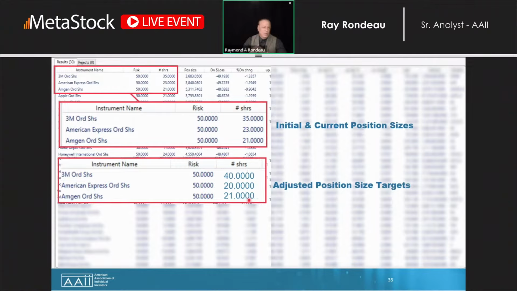We'll say that these were generated a month later. In this case, the investor would add 5 shares to their current 35 share holding of 3M to bring it up to the 40 shares, the new recommended amount. And they would sell 3 shares of American Express to bring the current number of shares to 20 to bring the positions back into relative balance to each other. Fairly straightforward.